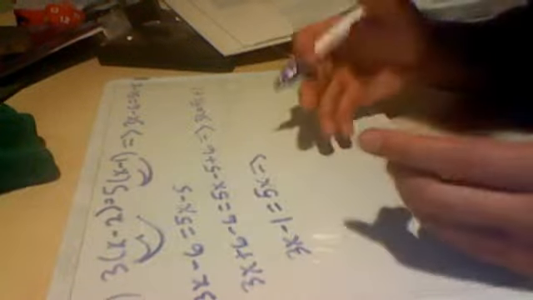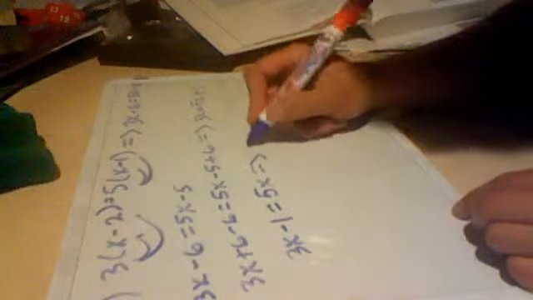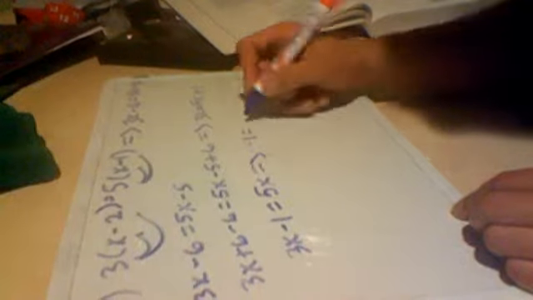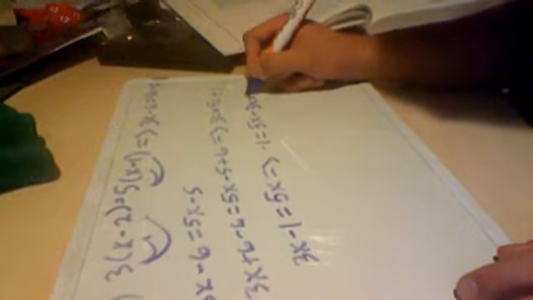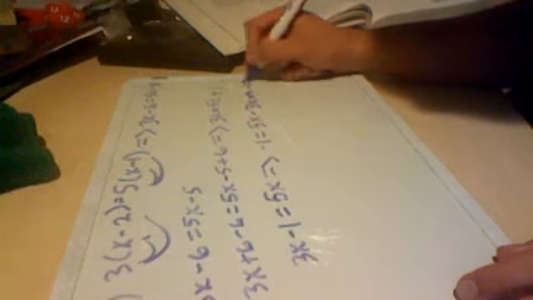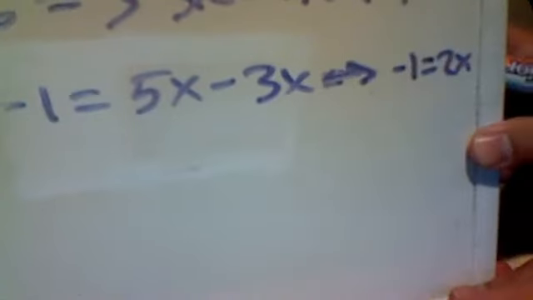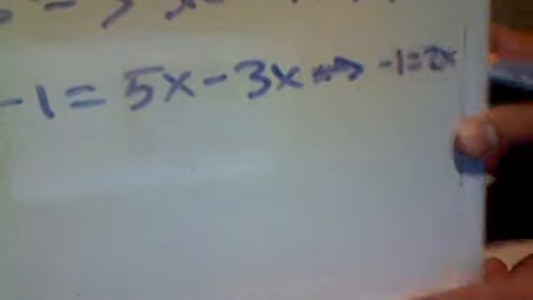Let's subtract 3x from both sides so that we isolate the x's on one side and the constant numbers without any variables on the other side. We end up getting minus 1 equals 5x minus 3x, which implies that minus 1 equals 2x.